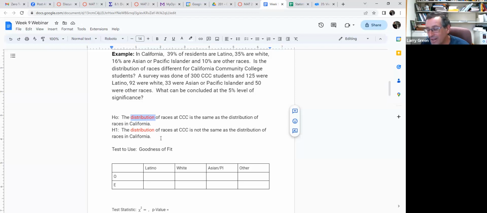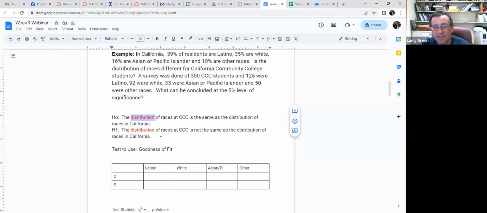Okay, and by the way, we've got 3 different tests. So this one is going to have distribution because we want to see if the distribution of this unknown, which is California community college, is the same as the distribution of the known, which is California. Any questions on that?